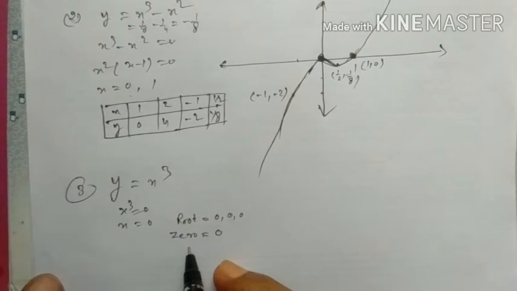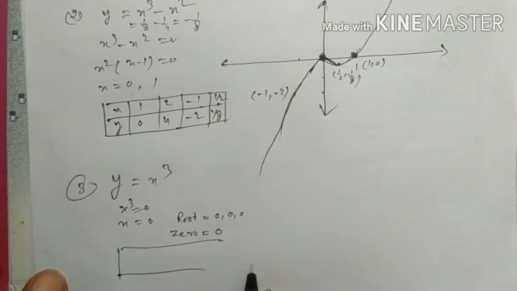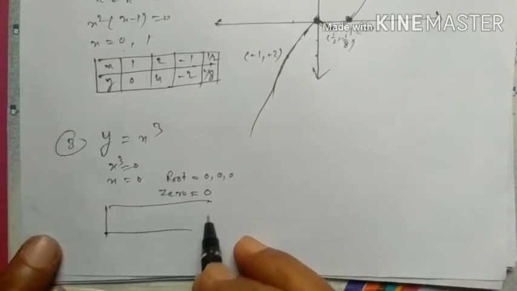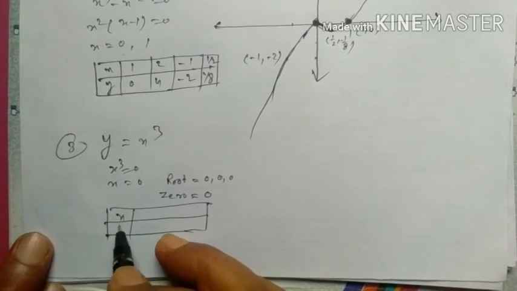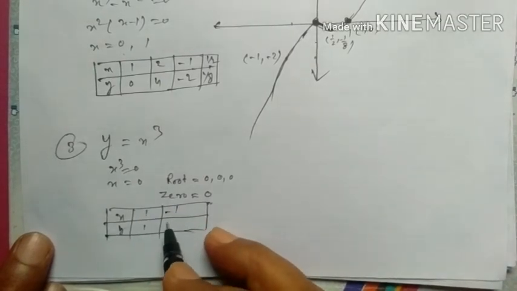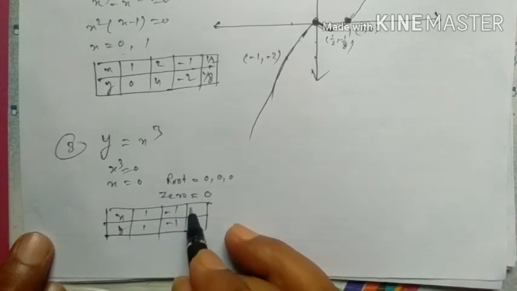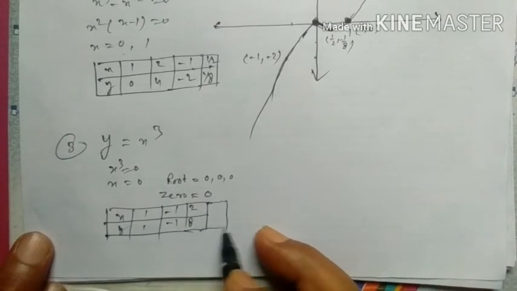Now when we plot this graph, we will take x, y: 1 and 1, minus 1 and minus 1, 2 and 8, minus 2 and minus 8.